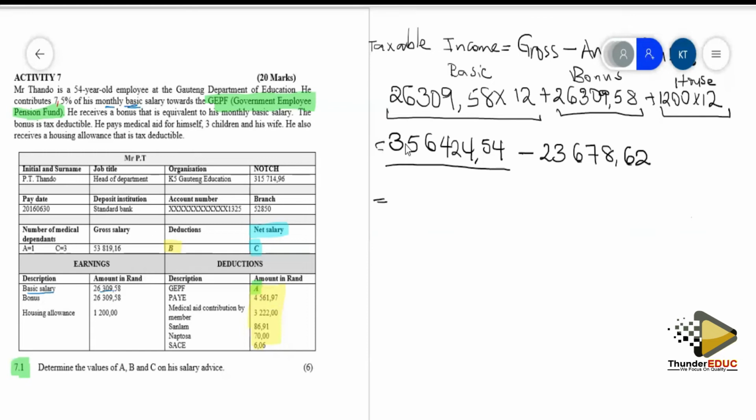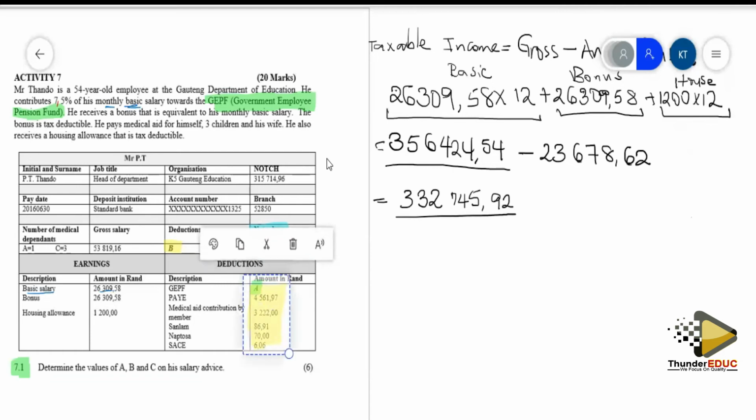So now the answer becomes 356,424 minus 23,678 rands 62 cents. So we end up having his money as 332,745 rands 92 cents. This would be his taxable income.